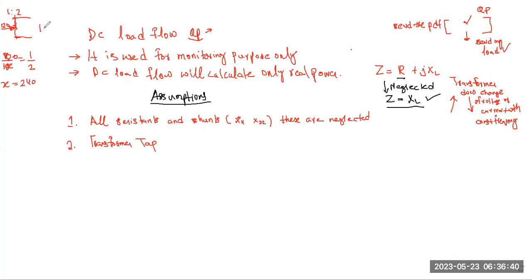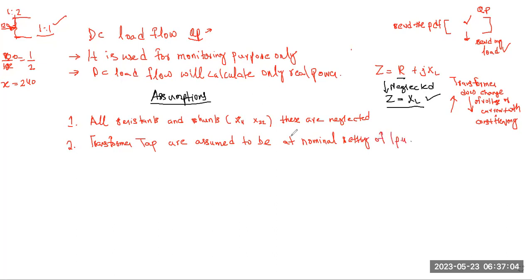Here you have the constant ratio 1 is to 1. So these transformer taps are assumed to be at nominal setting of 1 per unit.